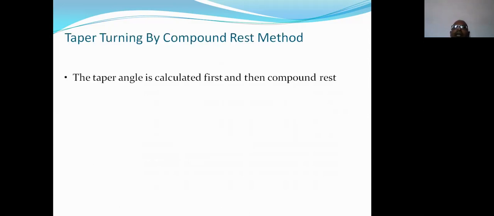So the taper angle is calculated first and then the compound rest is set. In the forming tool method, there is no need to calculate; you simply use the required angle over the surface.